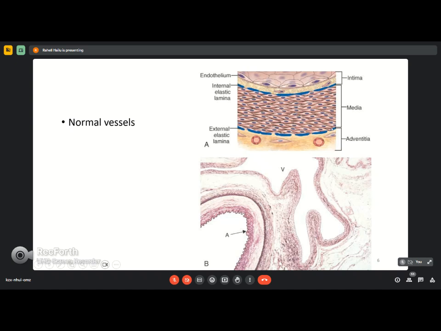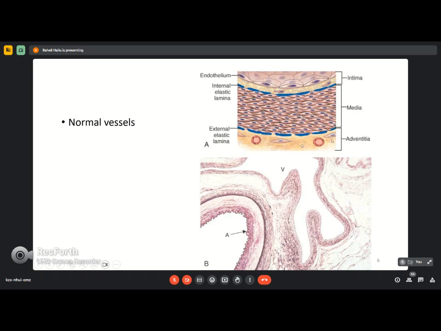The media forms the second layer of the vessels, and it is composed of smooth muscle cells. The medial layer is separated from the adventitial layer by another elastic fiber known as the external elastic lamina, and after that you would see adventitia, which is mainly composed of loose connective tissue.